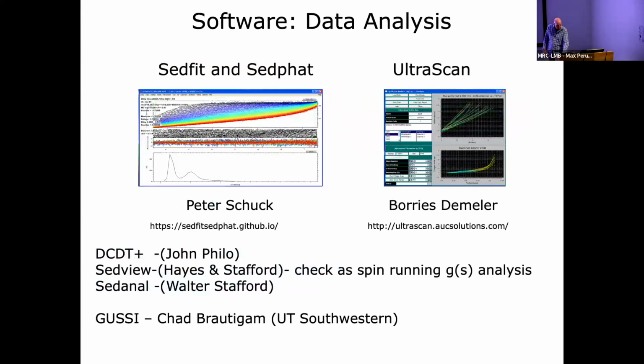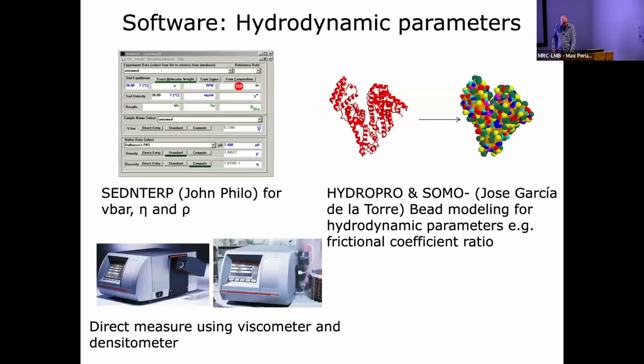We can get some of these hydrodynamic parameters just from the sequences and the buffer composition using SEDNTERP. We could look at the frictional ratio using hydrodynamic modeling with HYDROPRO and SOMO, or we can directly measure things like viscosity and density with two instruments we've got upstairs.